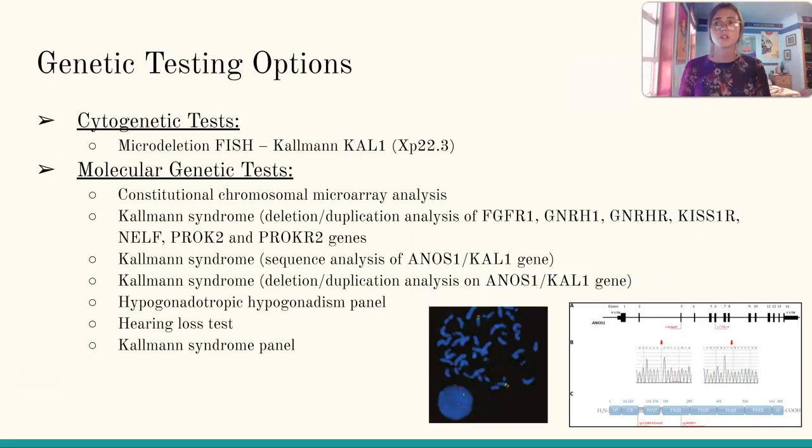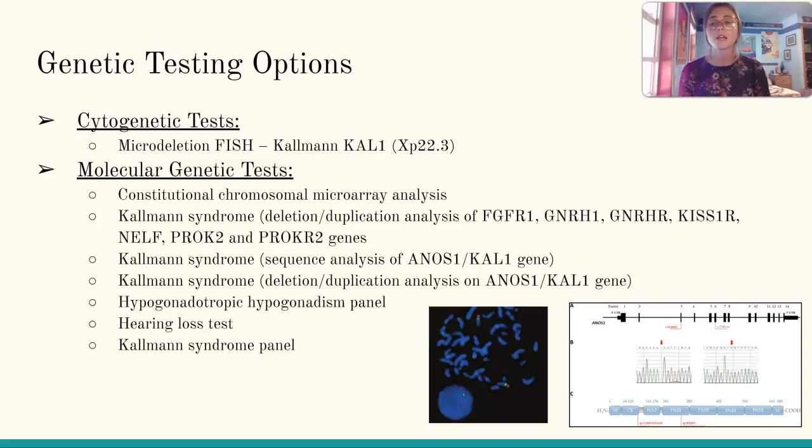There are numerous genetic testing options. It's broken down into two main categories. The cytogenetic test occurs within testing of chromosomal location, and molecular genetic tests dive more into DNA technology within the DNA sequence itself. There is only one main cytogenetic test that was found, and that's the microdeletion FISH test.